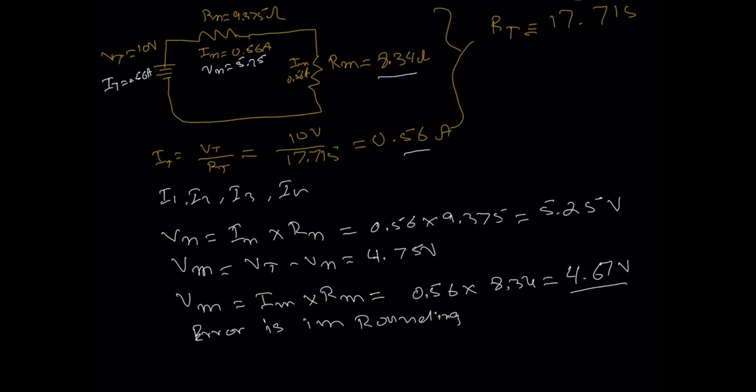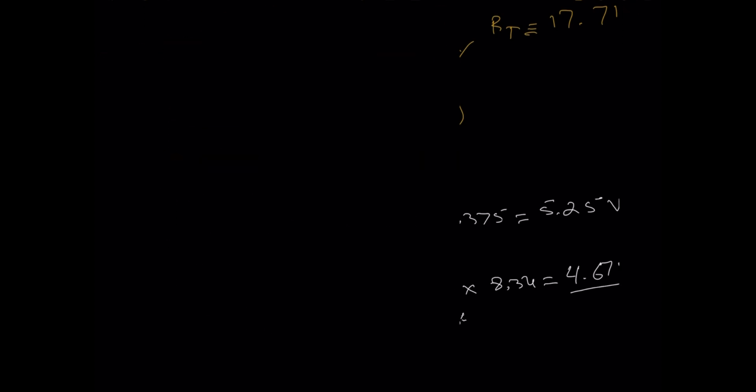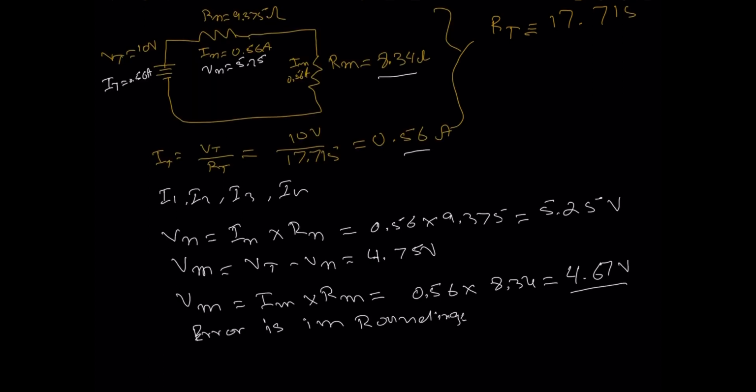Okay, if you have a problem with the roundings, there is a video of mine in a math tutorial playlist. Please go and refer to that video for the decimals. Hope that will help you guys. So okay, we found Vm and Vn right now, which are the branch voltages.